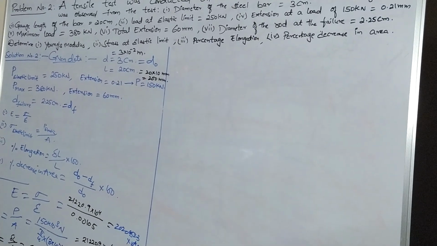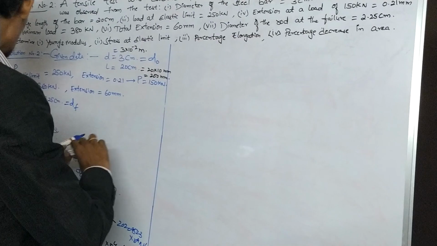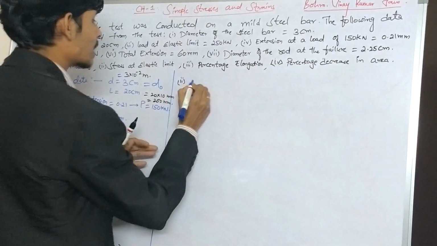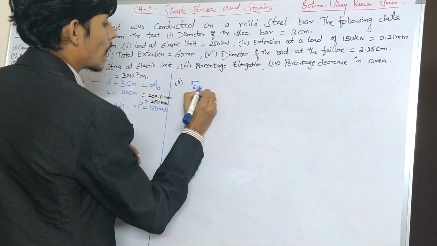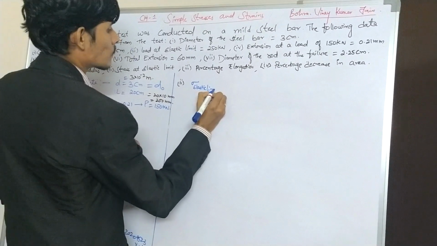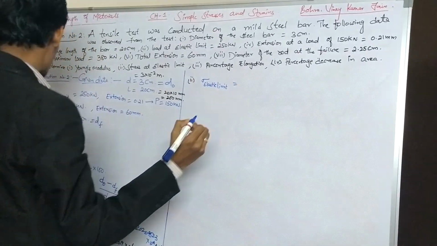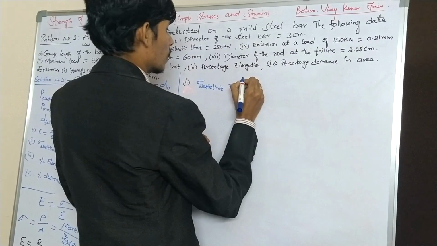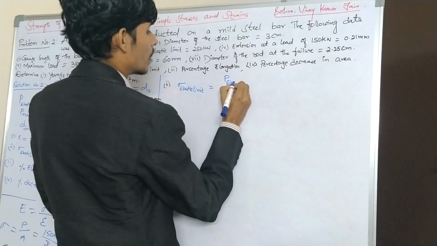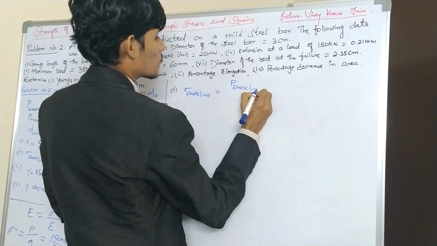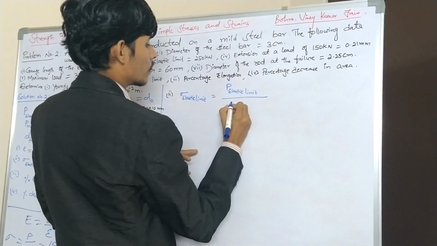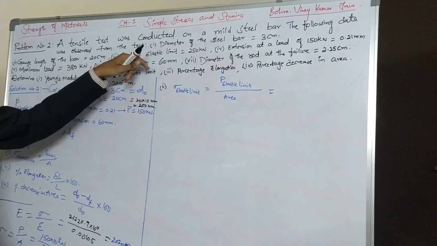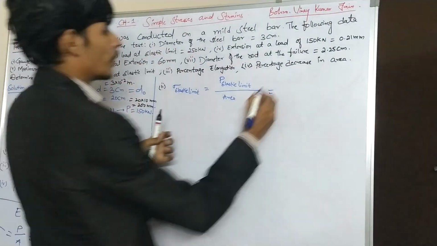So if you want to calculate the stress at elastic limit, second one, stress at elastic limit is load at elastic limit by total area. So stress at elastic limit is how much? Load at elastic limit is how much? 250 kilonewton.